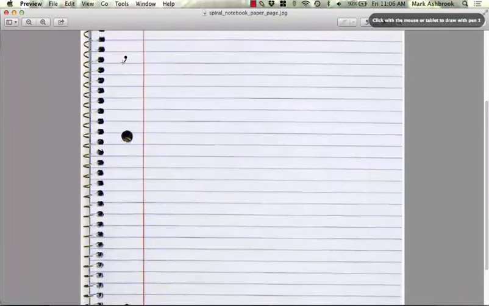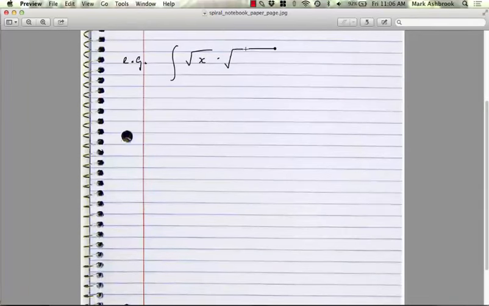So for your sheets, no, this won't work.